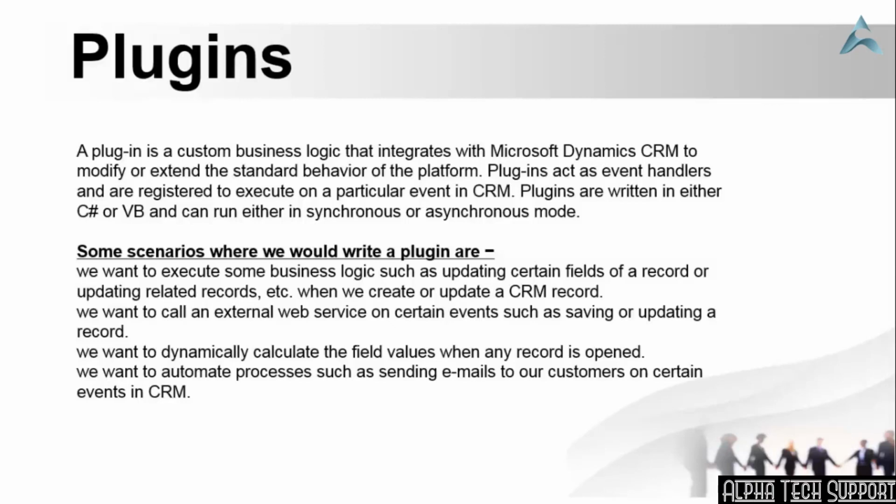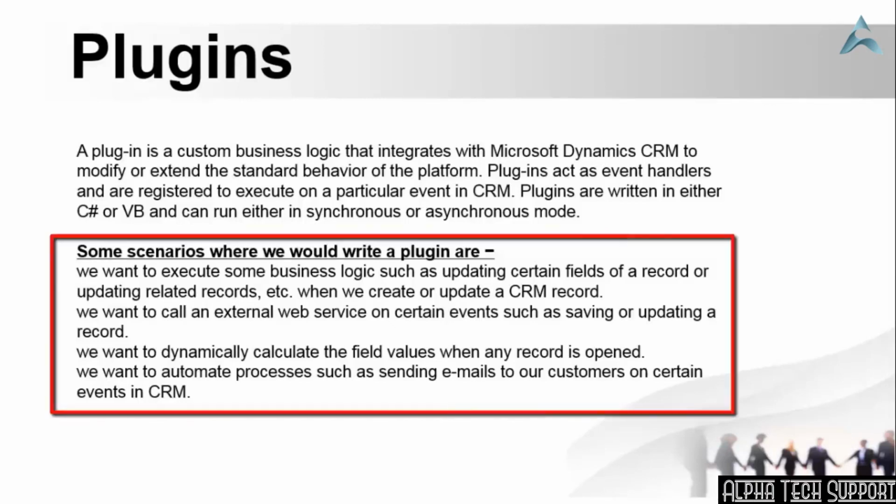So let's consider some of the scenarios where we would like to write a plugin. We want to execute some business logic such as updating certain fields of a record or updating related records, etc. At that time, we can create or update a CRM record with the help of a plugin.